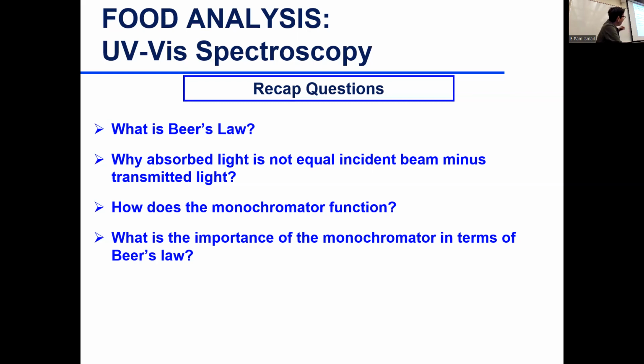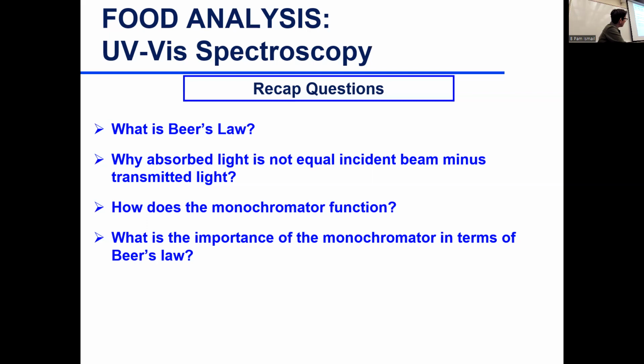So a specific wavelength or a very narrow bandwidth of wavelengths. But first of all, the light has to be diffracted. So there is a diffraction system inside of that monochromator unit. First, all the light gets diffracted by a grating system or a prism or a combination of both, so that you have lights of different wavelengths, and then you have a filter that filters through that selected wavelength.